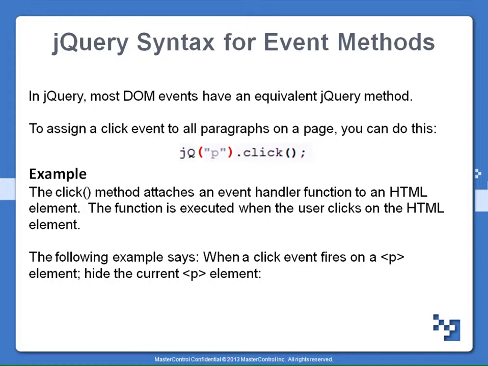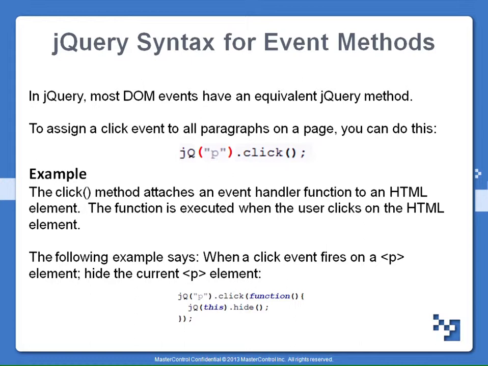Okay, so we've got an example here. When a click event fires on a p element, hide the current p element. There's my code. jq_p.click, we got our function, jq_this.hide. So this is sort of a special thing that helps you call certain elements.